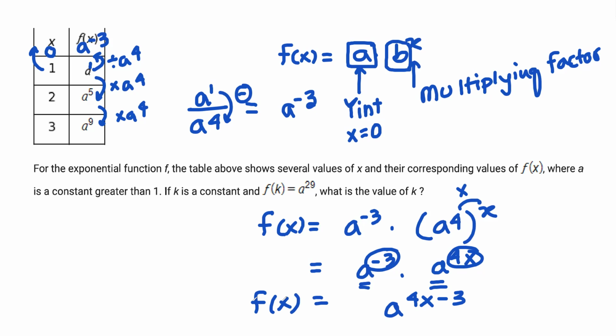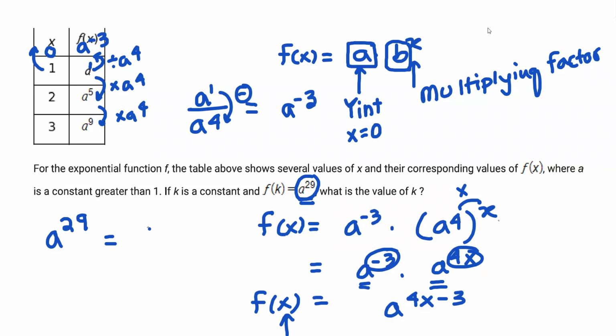Now, for what value of x will I get a to the power 29? You're getting a to the power 29, right?